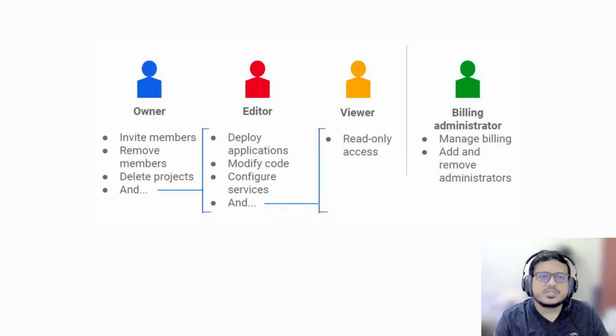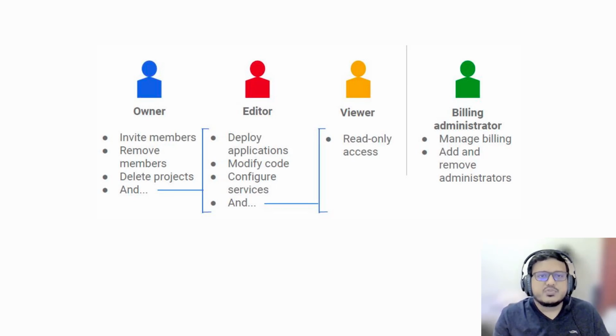One thing you must remember: when assigning roles, follow the principle of least privilege and prefer predefined roles over primitive roles. So these are the two things you should keep in mind.